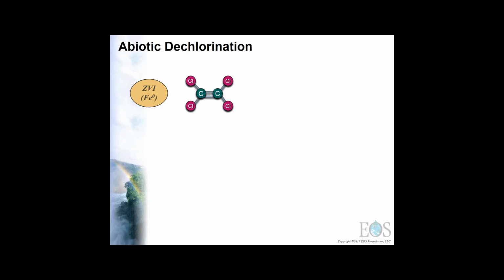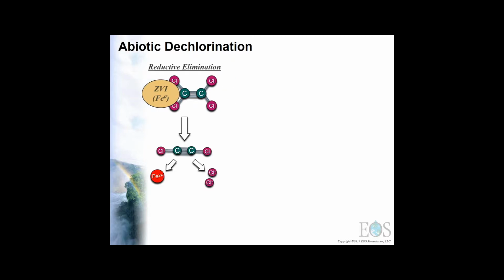With zero valent iron, it's a chemical process, and that is, the zero valent iron actually has to touch the contaminant of concern. In this case, we're talking about PCE. When zero valent iron comes into contact with PCE, it can basically remove two chlorines from that molecule and degrade it immediately to dichloroacetylene.